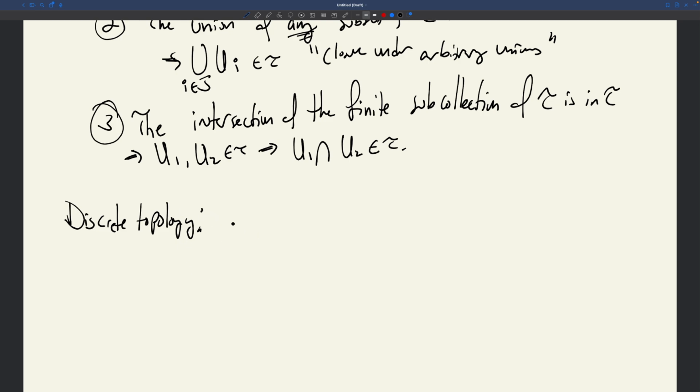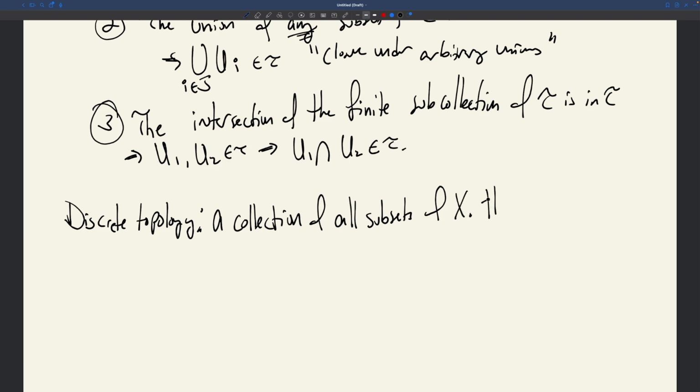So a discrete topology is a collection of all subsets of X, such that the size of tau is in fact going to be 2 to the power of the size of X. This is just a denotation for power sets. Cool.